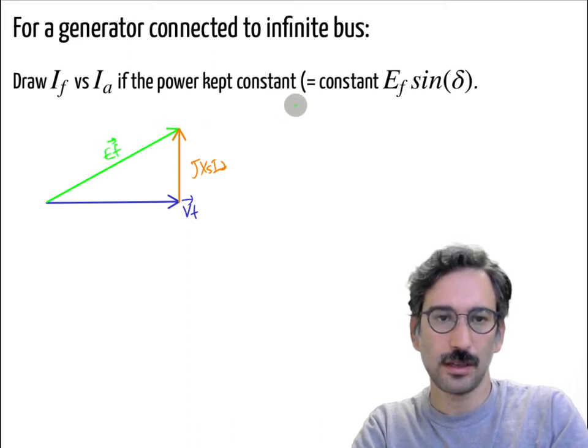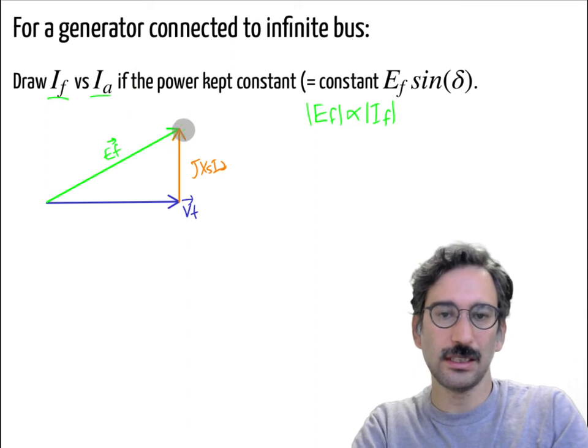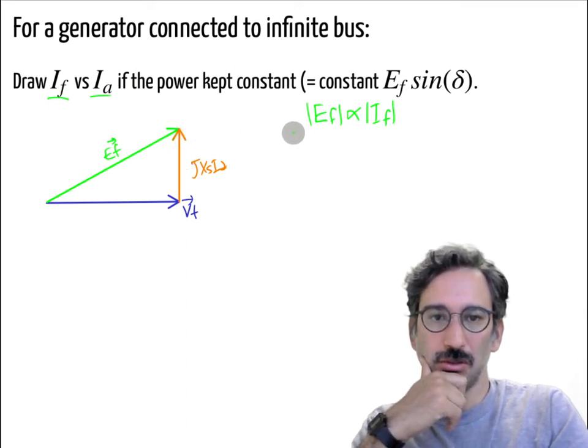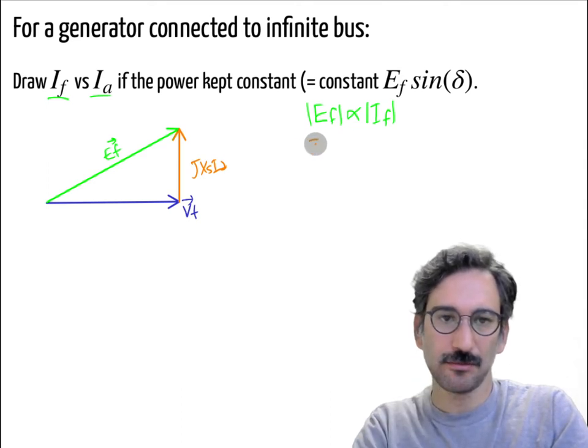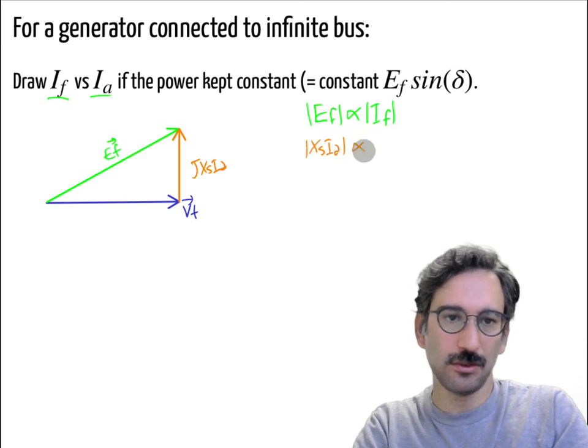EF magnitude is proportional with IF. So I would like to draw what happens to IA. The magnitude of XS IA obviously is proportional with IA magnitude.